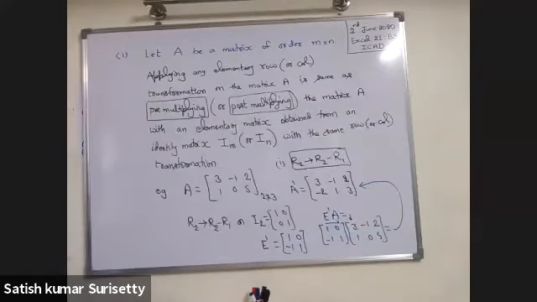Yes. Have you understood the statement now? For any given matrix A of order m by n, if I want to apply any elementary row operation, instead of applying that operation on A, I can apply the same operation on the identity matrix, and whatever elementary matrix is obtained, I can multiply with the given matrix A.